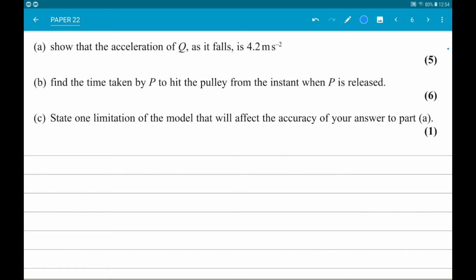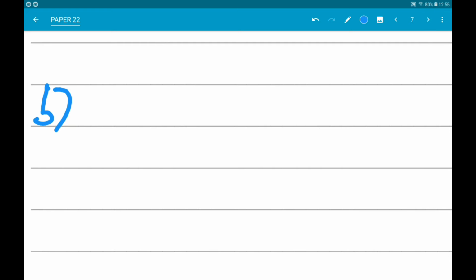And then when Q hits the ground, P will stop accelerating, but because there's no resistant forces on P, it will then continue to move at a constant speed until it hits the pulley. So, first part then, while Q falls.